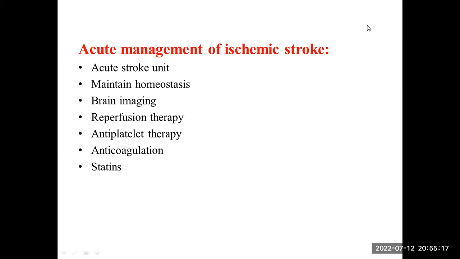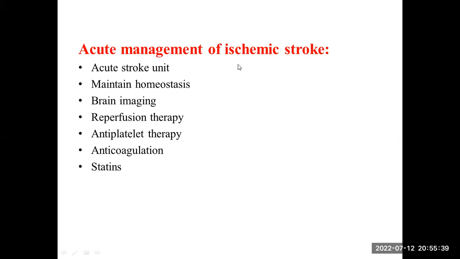If you add an element of hyperglycemia or hypoglycemia to stroke, this will shorten the survival of neurons. This will shorten the tolerability of the brain tissue to stroke. So you need to control the blood glucose. And this is an essential part of maintaining the homeostasis in patients with acute stroke.